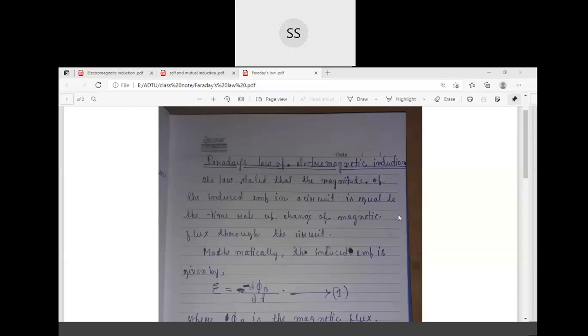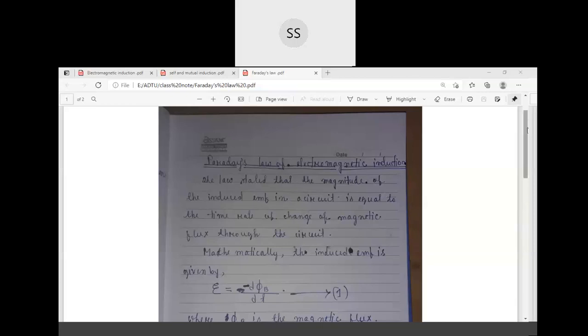We know that when we change magnetic flux, it produces induced EMF. So that induced EMF will be equal to the rate of change of magnetic flux in time.